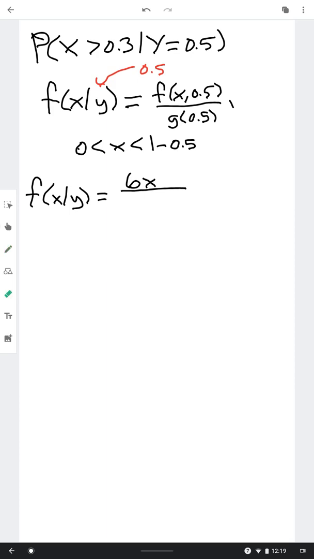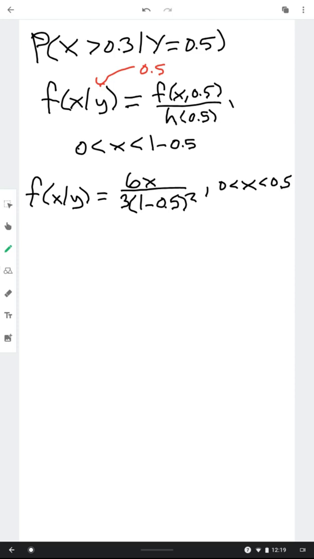Because we're dealing with Y at the bottom, that should be an H. H of 0.5. So my H is 3 times 1 minus Y, which is 0.5 squared. And X goes from 0 to 0.5.